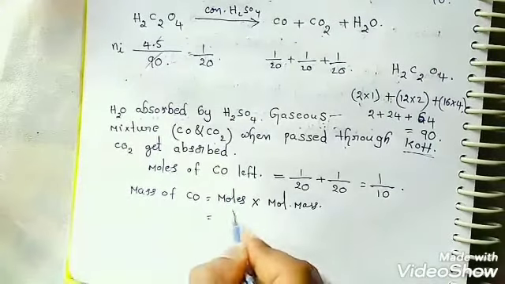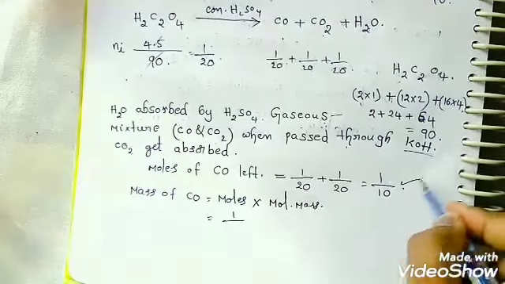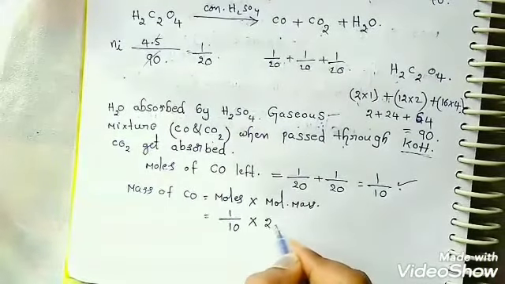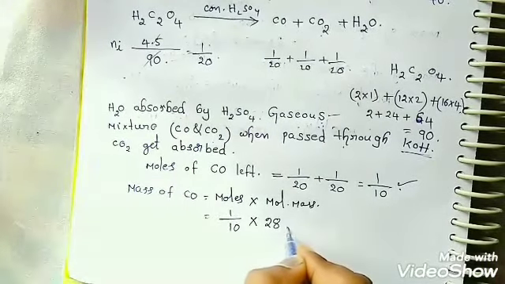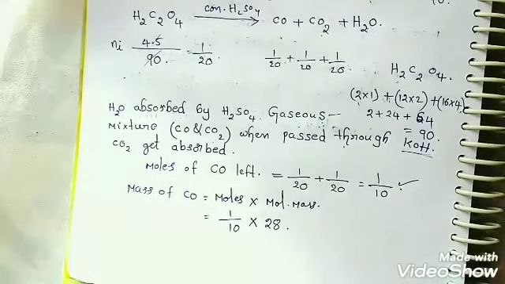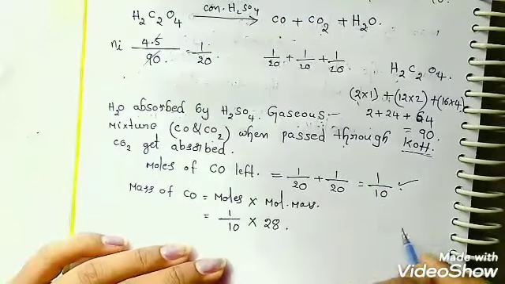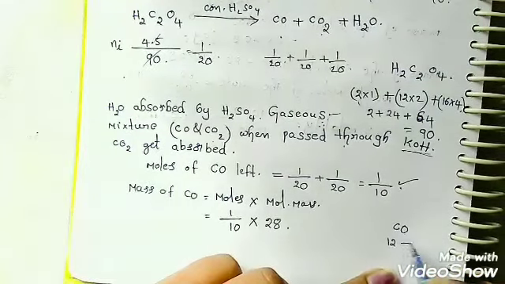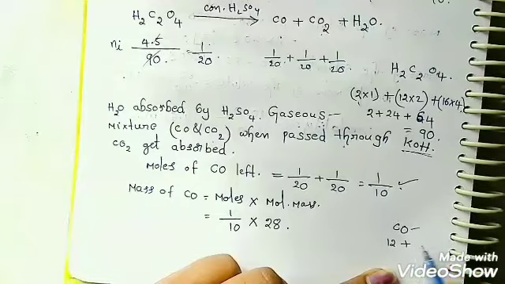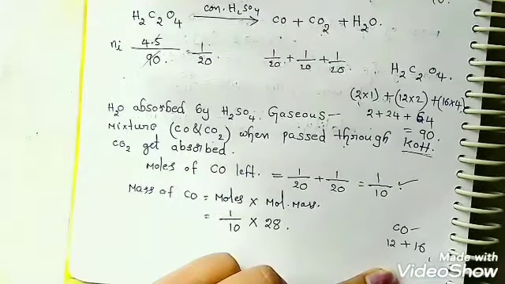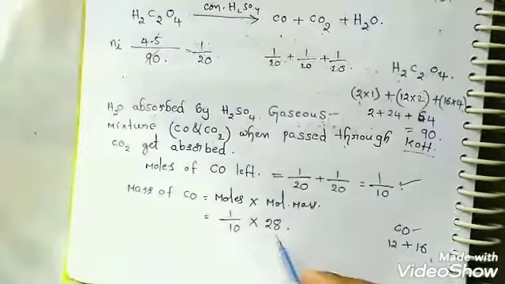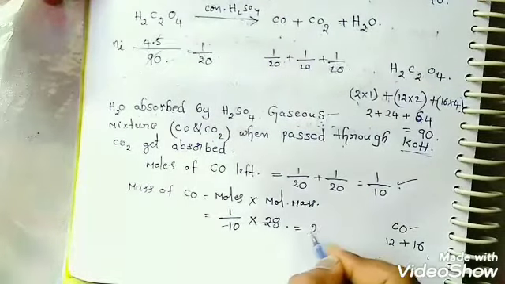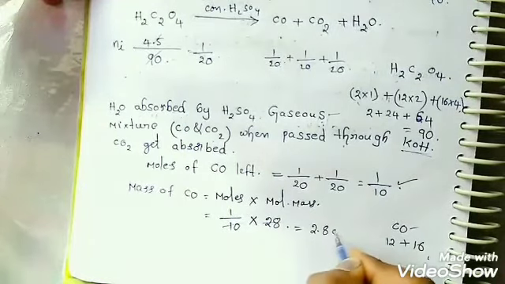Students, the number of moles you know very well; here we got 1 by 10. 1 by 10 into the molecular mass, which is 28, because for CO, carbon has mass 12 plus oxygen, only a single atom is here, so mass is 16, so you can take 28. If you cancel this, the final answer is 2.8 grams.